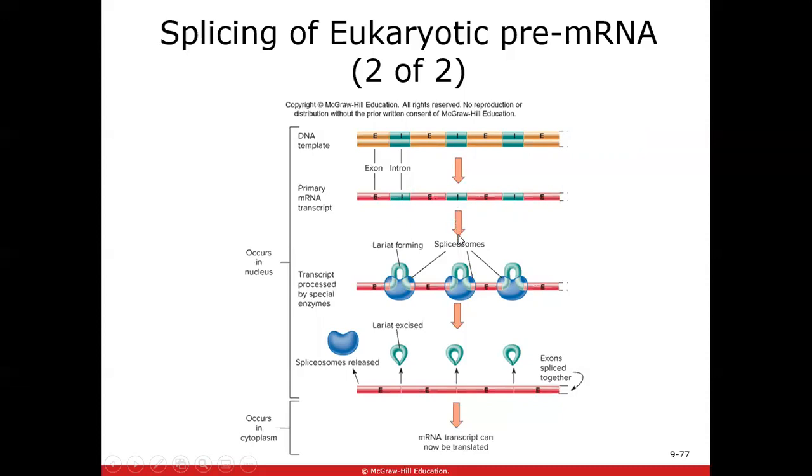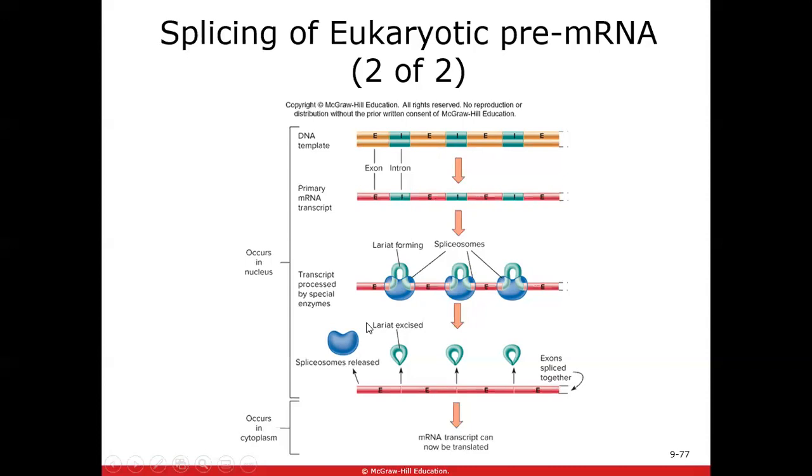But then you get what they call spliceosomes, which splice out the introns. These introns are the non-coding portions. They're spliced out, and the rest of these exons are pieced back together. And this is the messenger RNA.